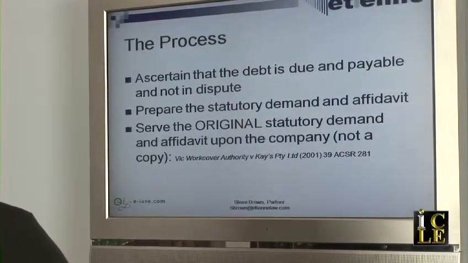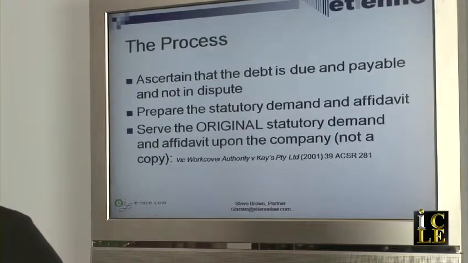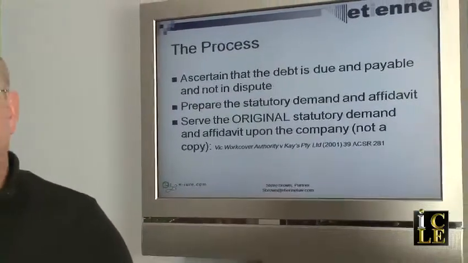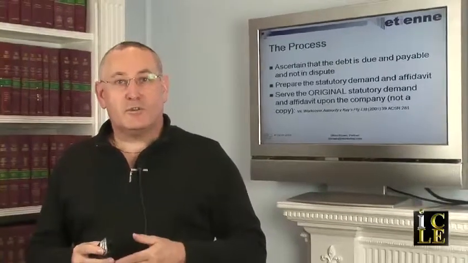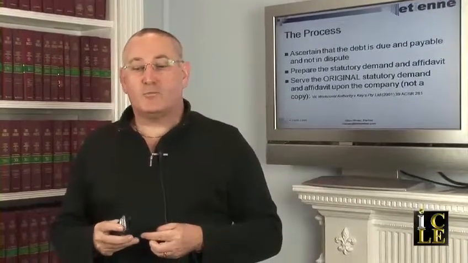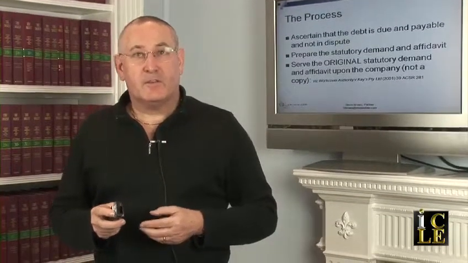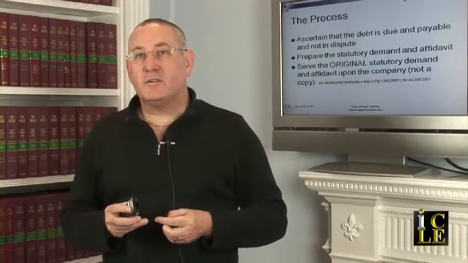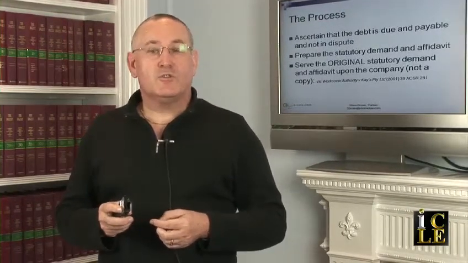Secondly, you prepare the statutory demand with an affidavit in support, and the law requires the creditor to serve the original statutory demand and original affidavit in support upon the debtor company. The proposition for that is Vic Work Cover Authority and K's Proprietary Limited, 2001, 39 Australian Company Security Reports 281.